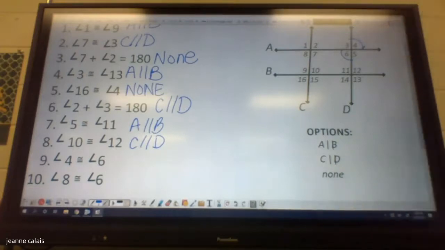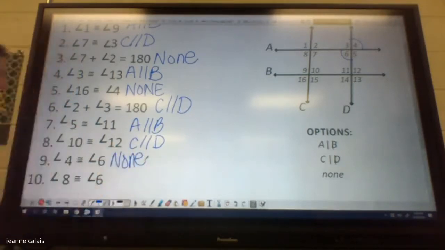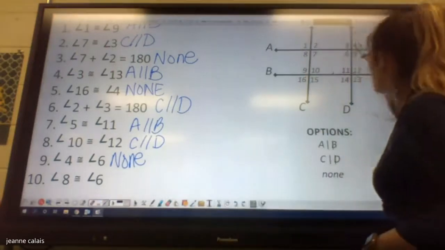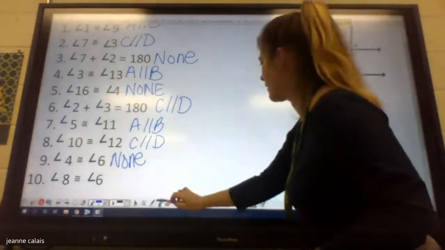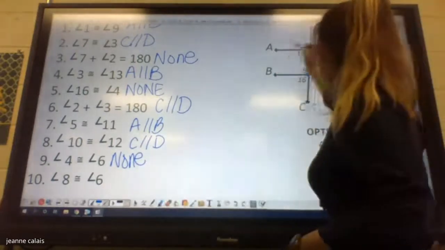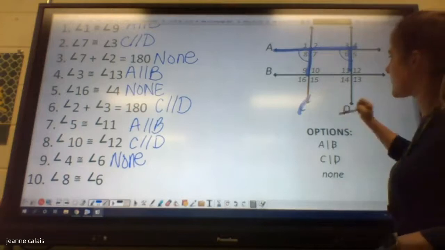So we don't necessarily have parallel lines. That would be none. And lastly, I have 8 and 6. Again, that would be corresponding. It has nothing to do with line B. So C is parallel to D.